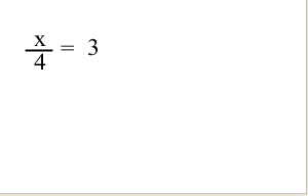So you can see that when we have x divided by 4 equals 3, we need to somehow get rid of this division. We have x divided by 4, so in order to get x by itself, we need to do the opposite of dividing, which is multiplying. So I'm just going to do a little side demonstration here.